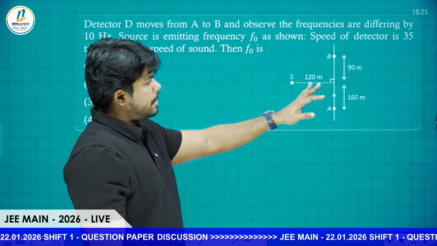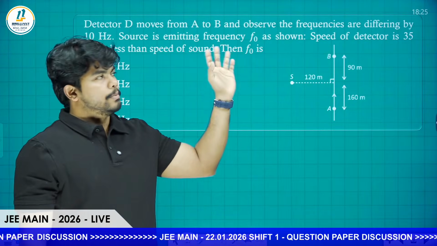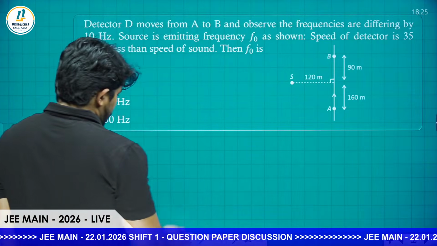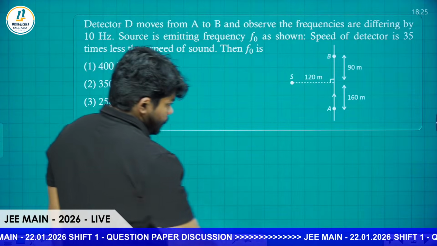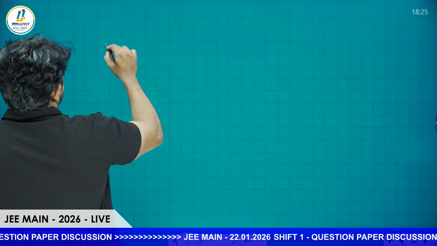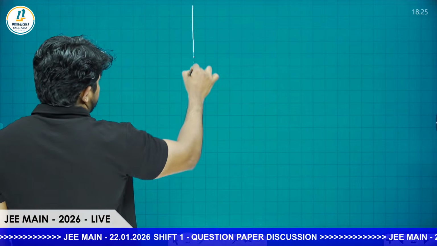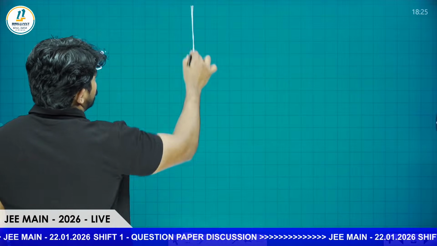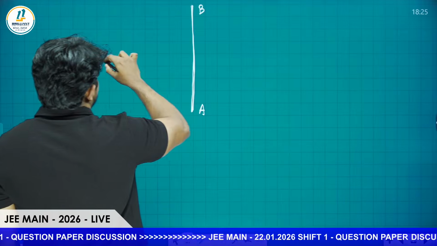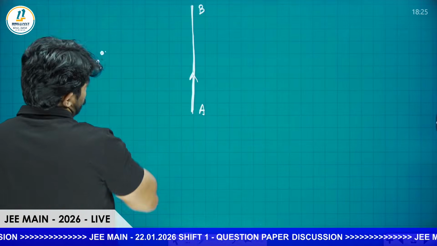I don't think there will be questions coming extensively from this area, because this is an out of syllabus question. Anyway, we can solve it. The first thing we have to consider: there is a source given and some detector is moving from A to B, and the detector is analyzing the sound coming from this source.